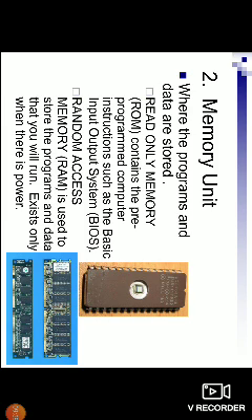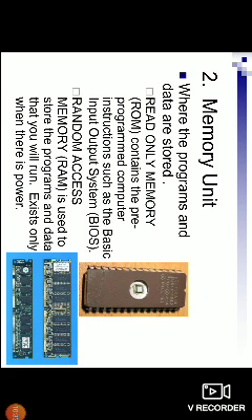A ROM contains the pre-programmed computer instructions such as the basic input output system. See this diagram, the first one, the brown color, this is ROM. It contains pre-programmed computer instructions such as the basic input output system information.